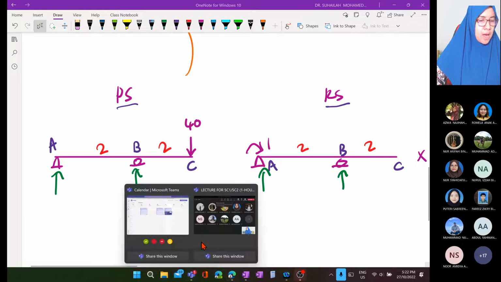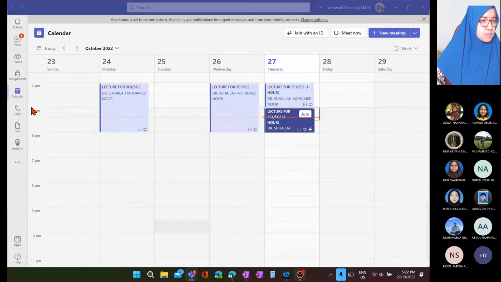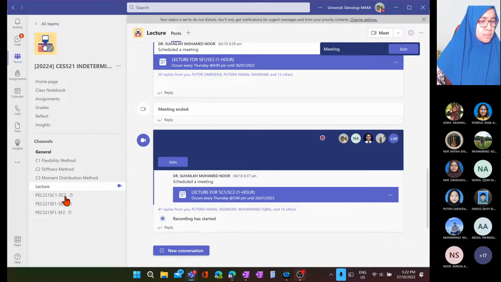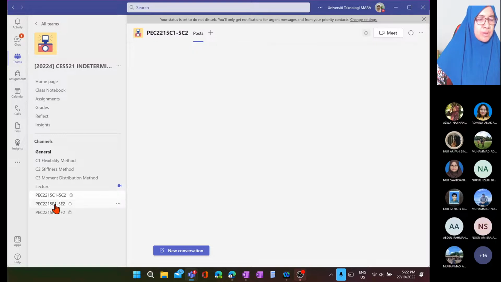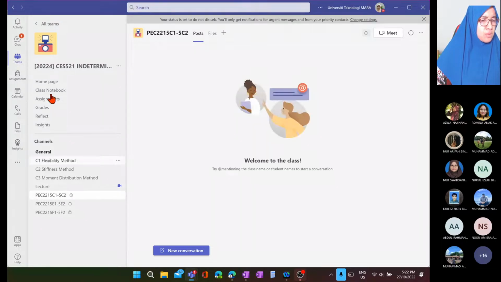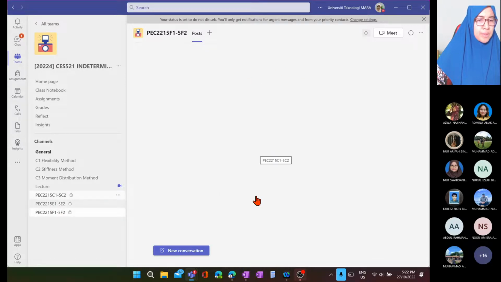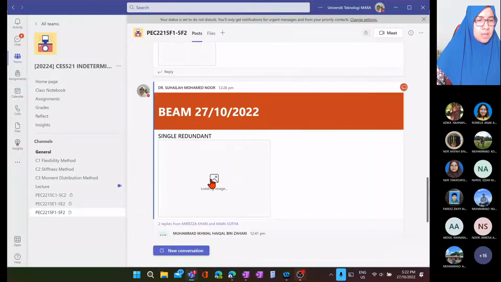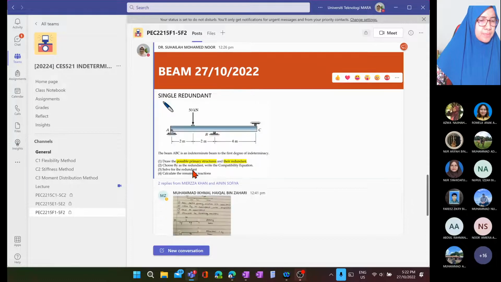You can upload in your private group, or you can also upload in the chat, the conversation box, like what my previous group did this morning.